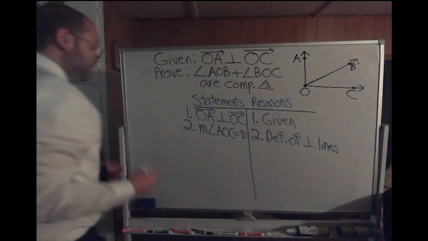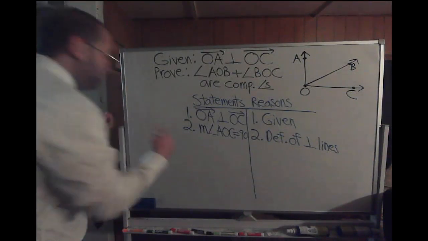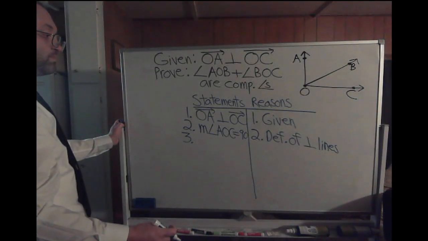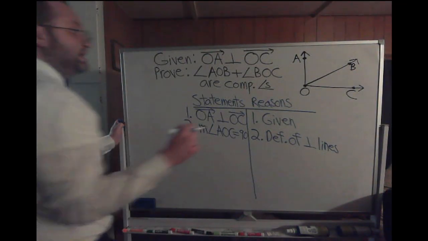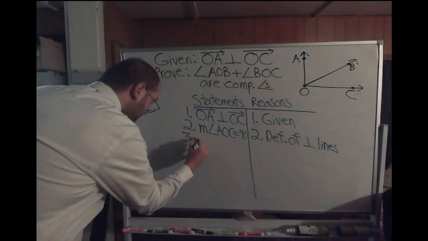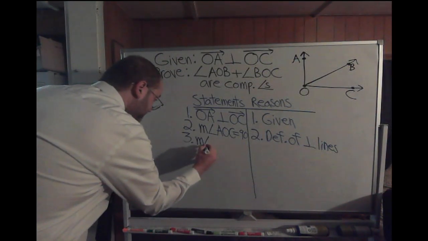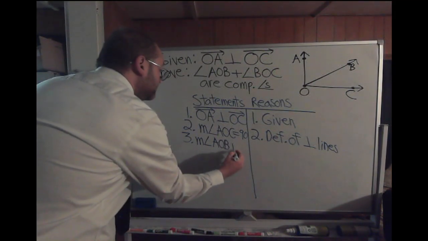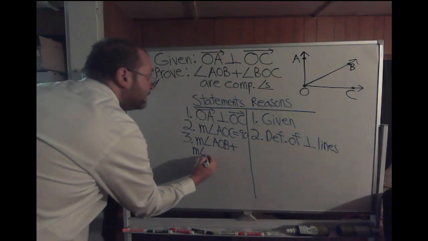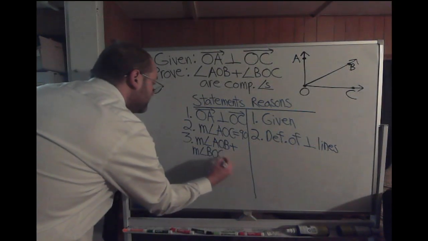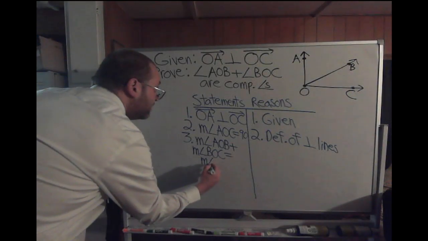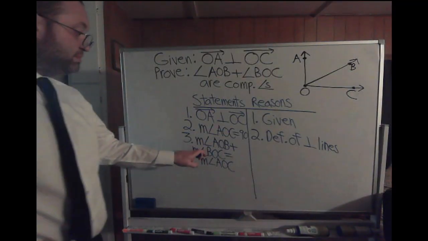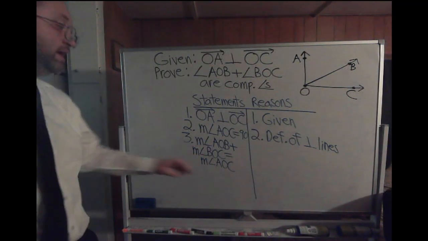Okay. Now, next step here, we have the measure of angle AOC. That means that the measure of angle AOB plus the measure of angle BOC equals the measure of angle AOC.